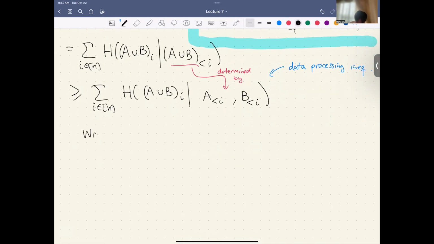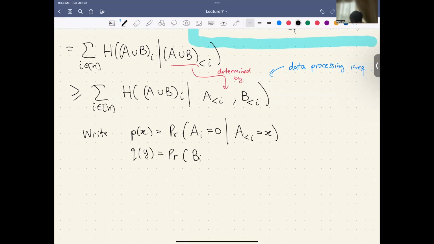Write Px to be the probability of A_i equals, we cared about the ith bit, so the ith bit equal to 0, given that the previous bit is this vector x, right? And similarly, define Qy is the probability that the ith bit of B equal to 0, given that the previous bit is this vector y of length i minus 1.